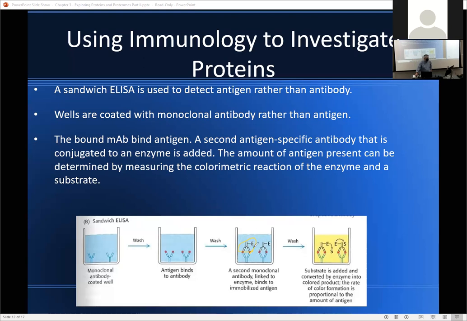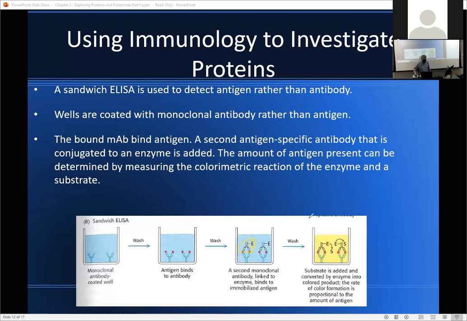Secondary antibody, again, is conjugated to an enzyme. So last step, we add substrate, and if the enzyme is present, then we're going to get a colorimetric reaction, and the intensity of that colorimetric reaction is going to be directly proportional to how much protein is bound in that well.